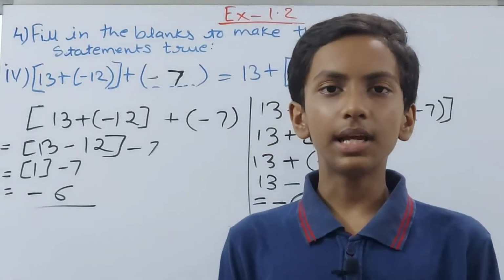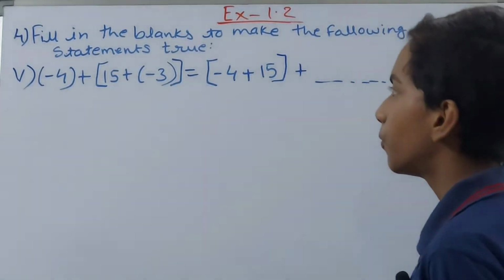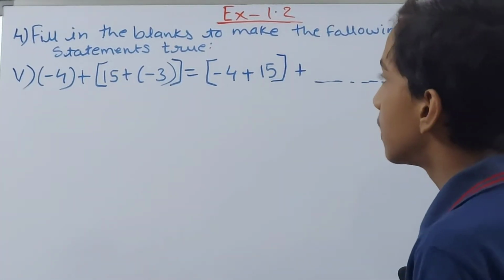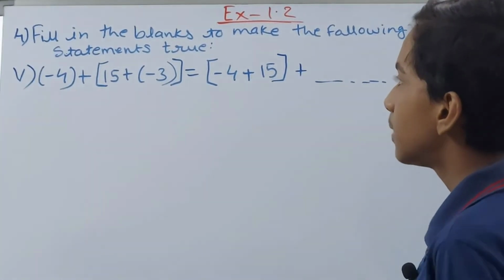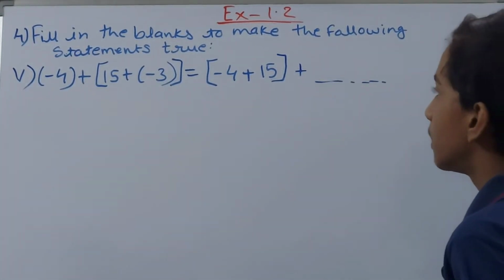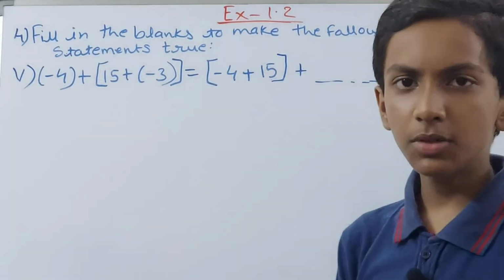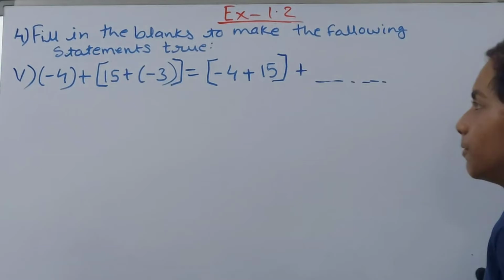Let us move on to the next parts. On to the next one. So we have minus 4 in brackets plus, and in the bigger ones we have 15 plus in brackets minus 3 is equal to, again in the bigger bracket, minus 4 plus 15 plus something. In this what can we write?